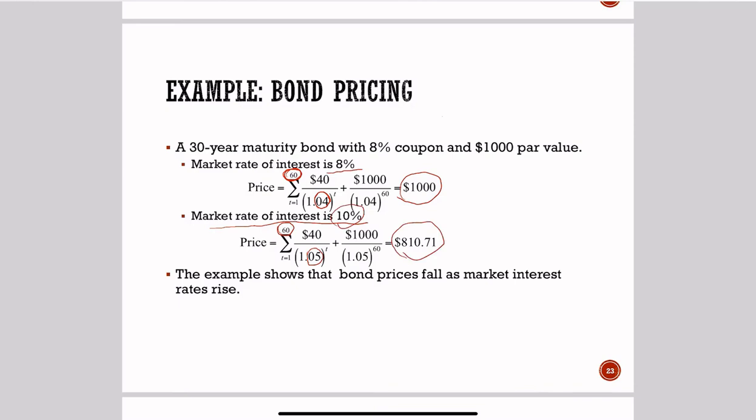So the relationship between bond price and interest rate is, if interest rate increases, the bond price decreases. In the near future, we'll talk about this in a more detailed way, but here it's useful to remember this. At least this is the result we can get from this very simple example.